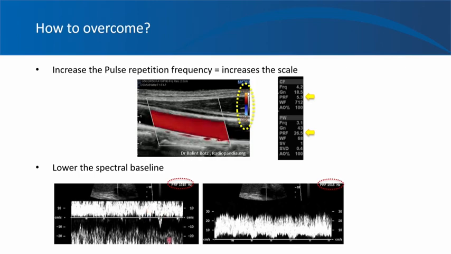If you just lower this baseline, the chopped off head of this graph comes back above the baseline without altering the pulse repetition frequency. You can try both these things and see if you can make the picture a little more uniform in color, and you get a better graph so that you calculate your velocities accurately.